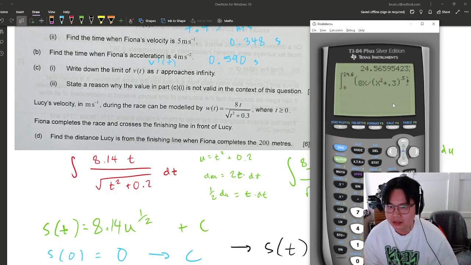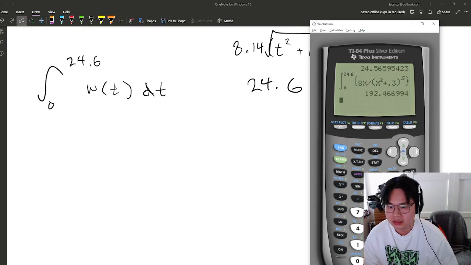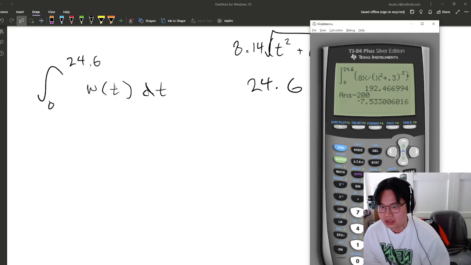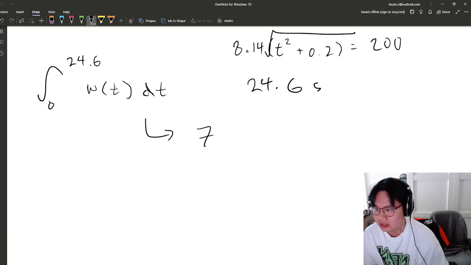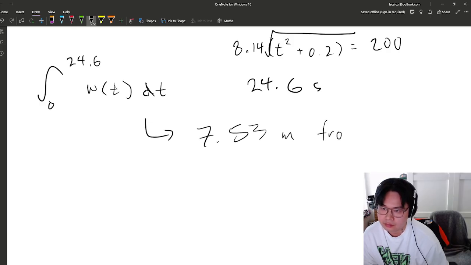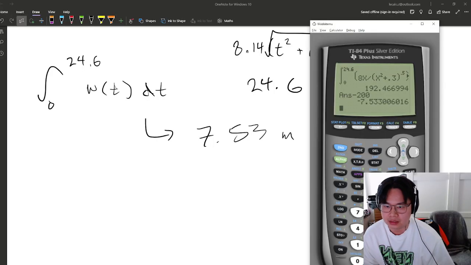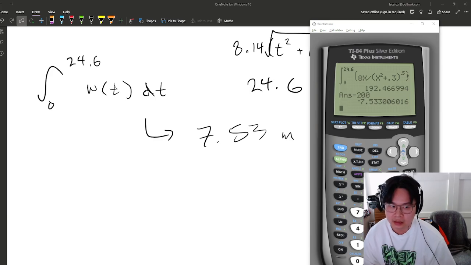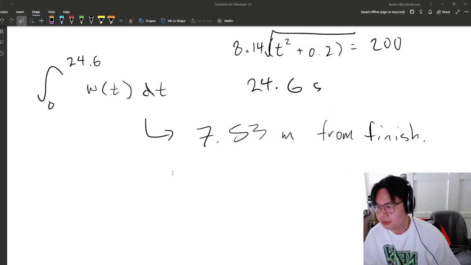Please be something under 200. Yeah, okay. So she's 7.53 meters from the finish line. That seems good. That looks right. Okay, nice.